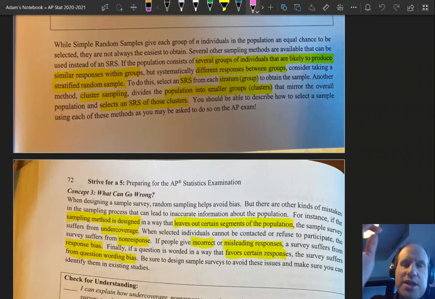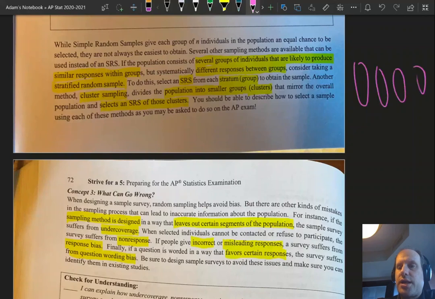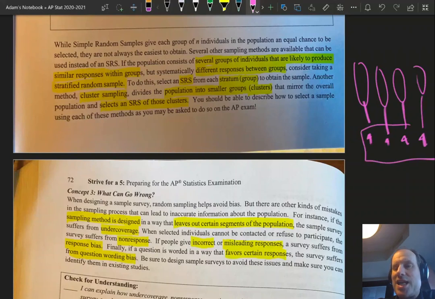All right, so stratum is basically if there's a specific characteristic, like when we talked about how you can divide a high school into freshman, sophomore, junior, senior, and then you take a simple random sample from each of those classes. Let's say you take 4 people from this class, 4 from here, 4 from here, 4 from here. That is my actual sample right there. So that's kind of what stratified random sampling is, and we'll go into more detail later.